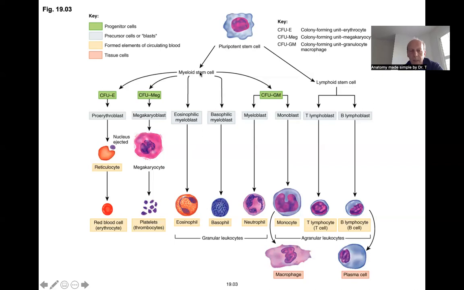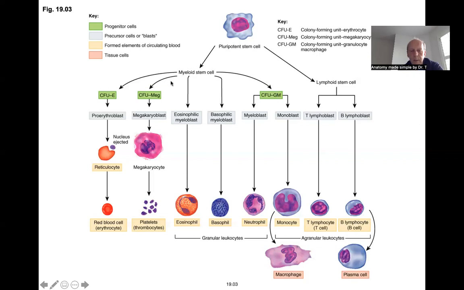So let's see, myeloid stem cell is producing pro-erythroblast, which becomes immature cell called the reticulocyte, which has a role to eject its nucleus before it finally becomes mature red blood cell or erythrocyte.